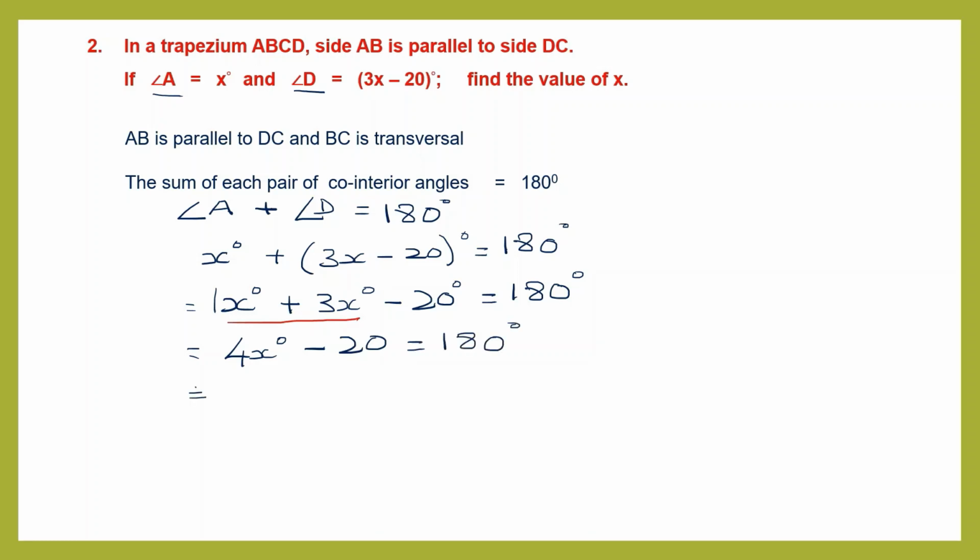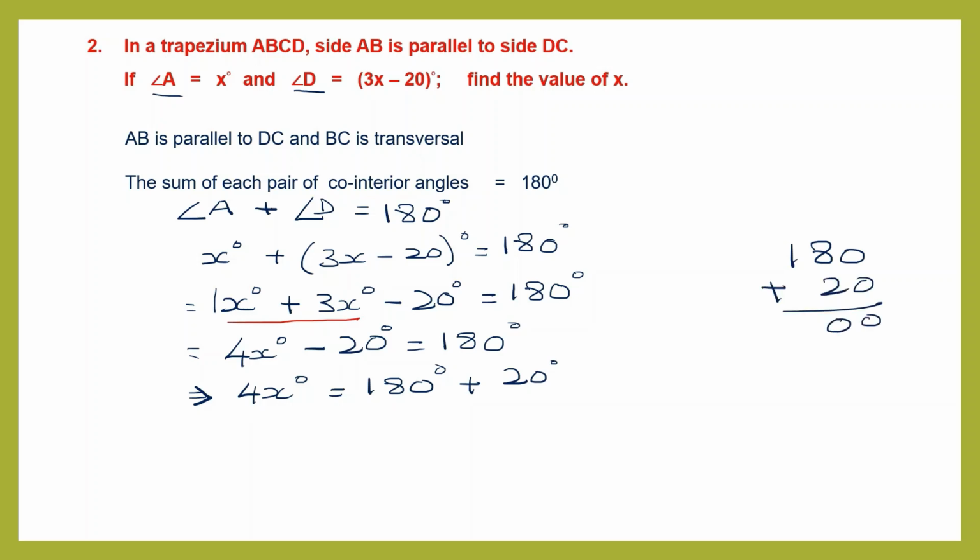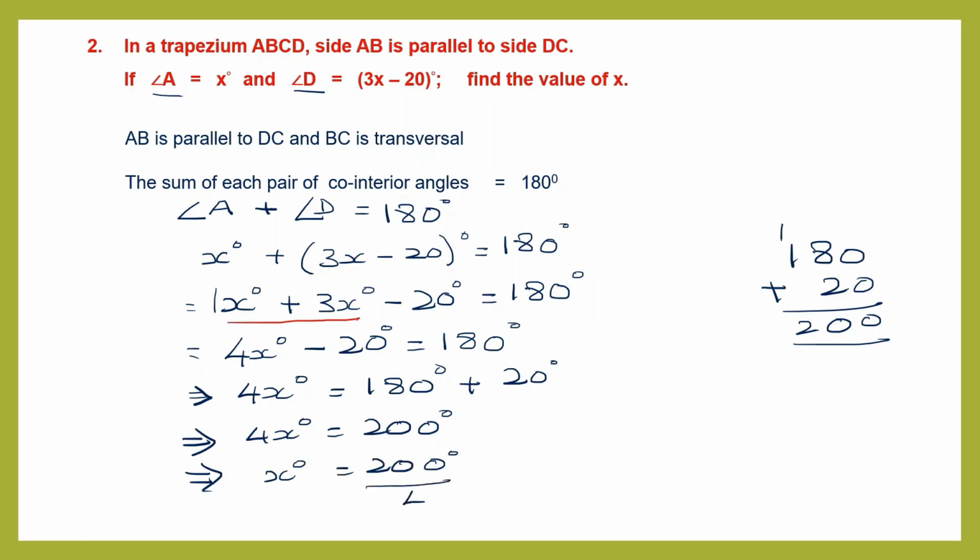So what does that mean? It means that 4x degrees is equal to 180 degrees plus 20 degrees. So 180 plus 20. So this is 0, 8 plus 2 is 10, carry 1, 2. So 4x is equal to 200 degrees. That means x will be equal to 200 divided by 4.